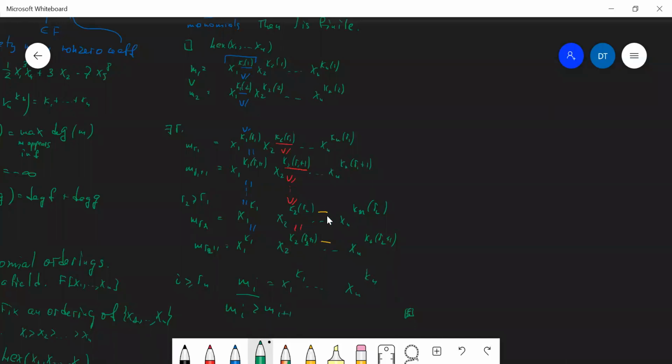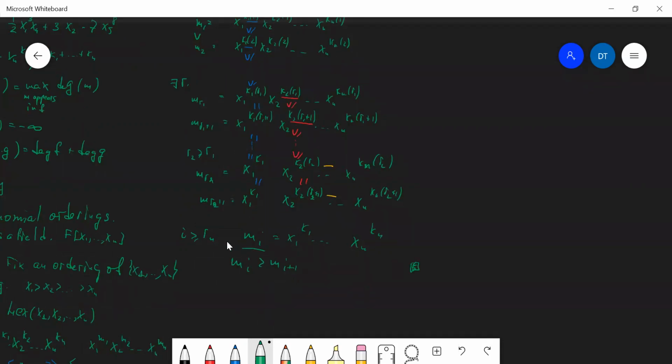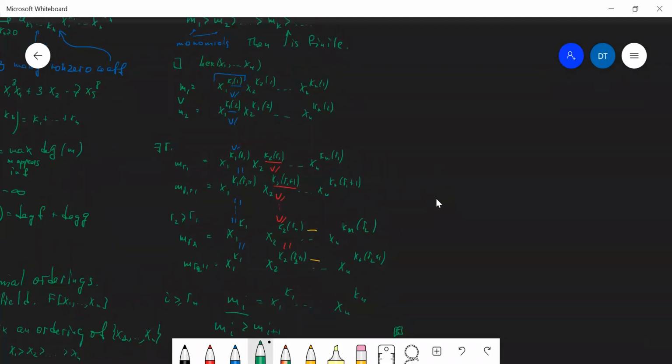Then we switch to the third variable, stabilize its degree, then we switch to the fourth variable, stabilize its degree, and so on. And after n steps, we find that all monomials with index larger than some number Rn are exactly the same. So after this step, the chain cannot be strictly descending. And that's it. Are there any questions regarding the proof?